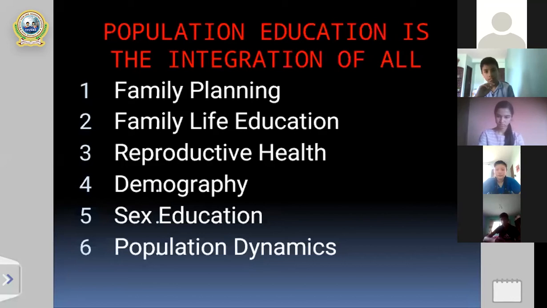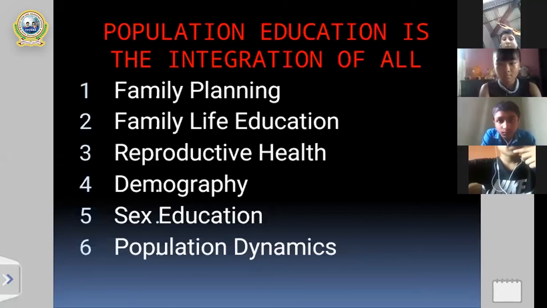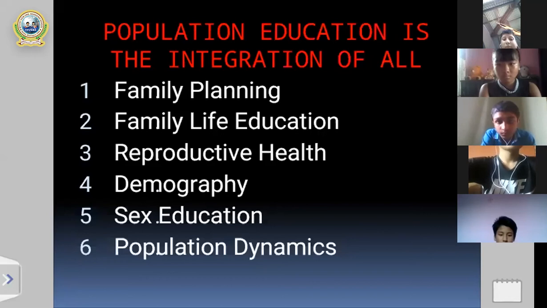Population education helps to know the condition and changeable number of people in a certain place or area. So population dynamics is also an important subject matter included in population education.